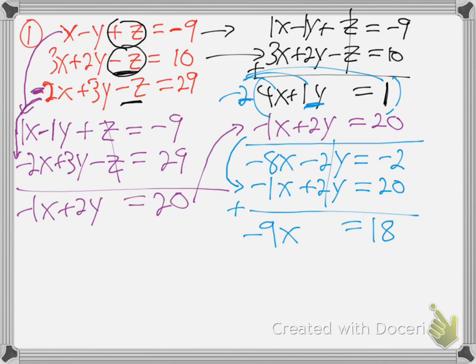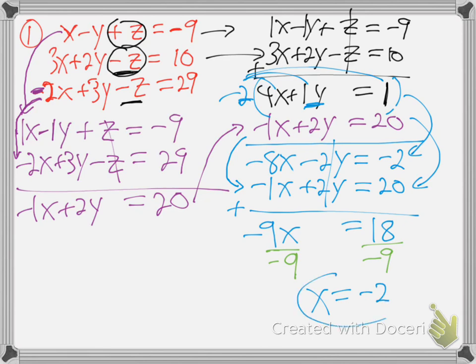Does everybody see that? This equation came down to here, and this came down to there. And now I can solve for x. Divide by minus 9. So x equals minus 2.